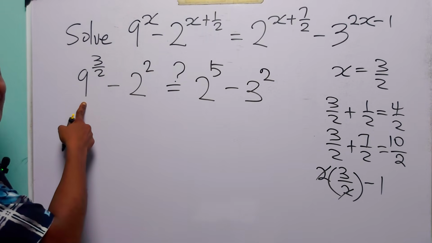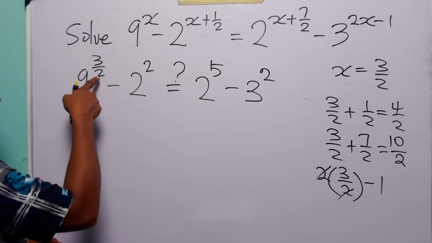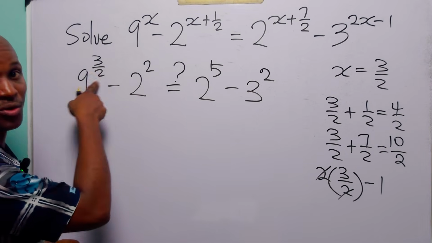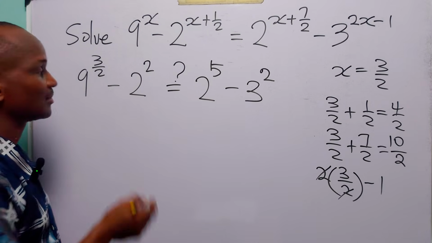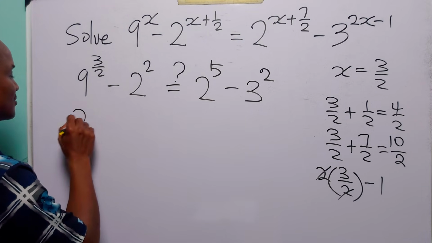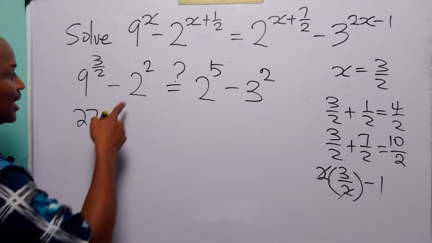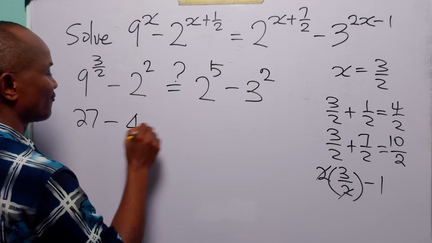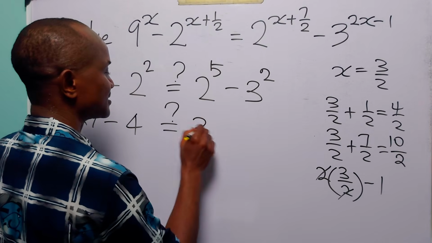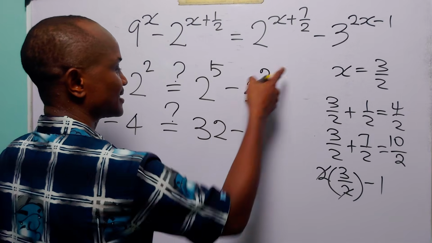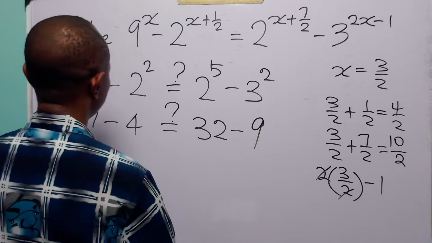Now, of course, here you know that this is the cube of the square root of 9. Now, the square root of 9 is 3. 3 cubed is 27. 2 squared is 4. Is this equal to 2 to the 5th power, which is 32, minus 3 squared, which is 9?